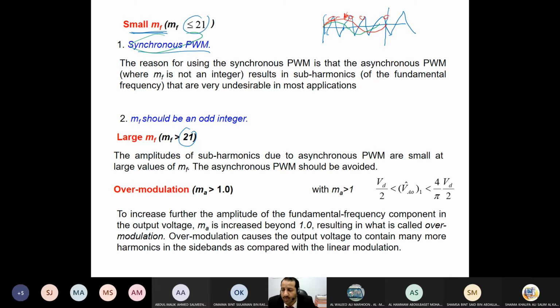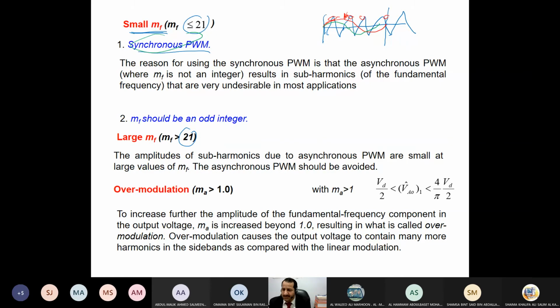You may say why? Because harmonics will increase. The subharmonics, or non-integer harmonics, fractions of harmonics. These are undesirable harmonics, because you know why we want them integer?